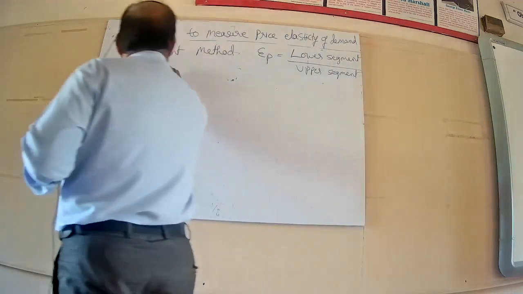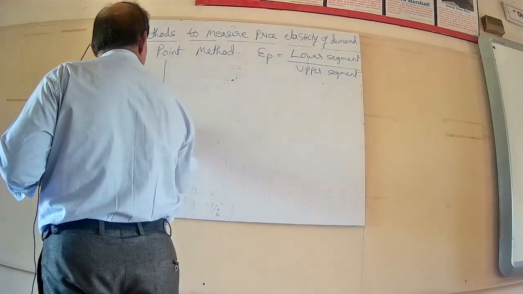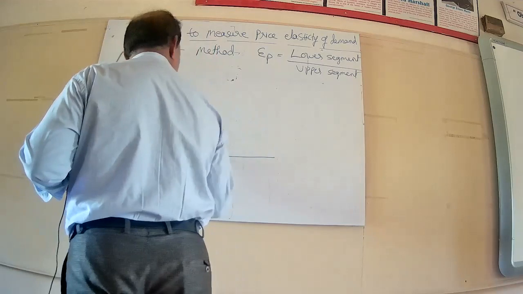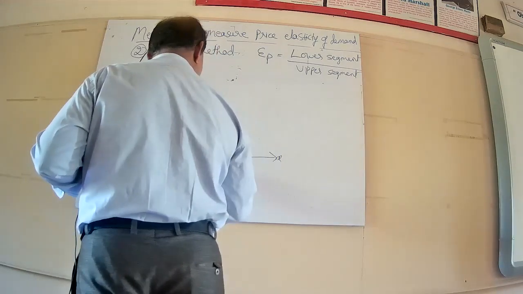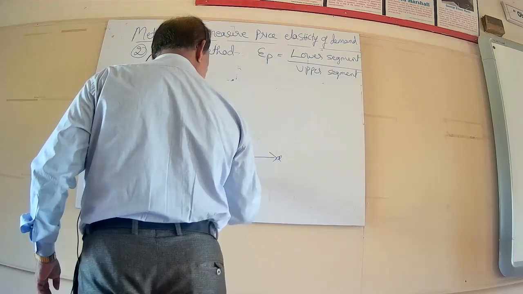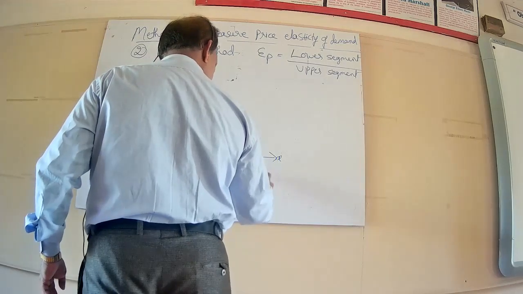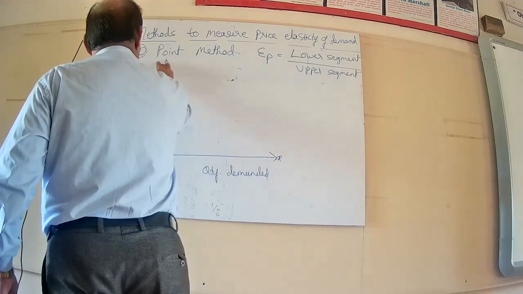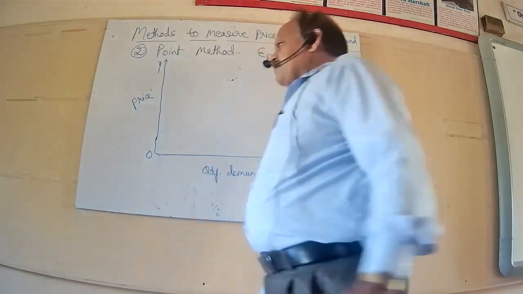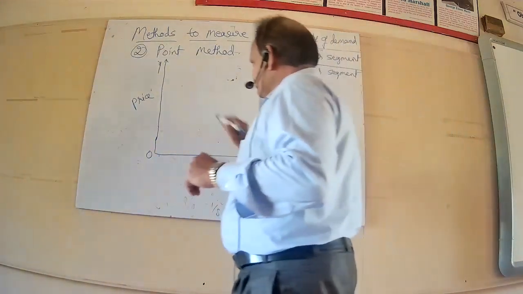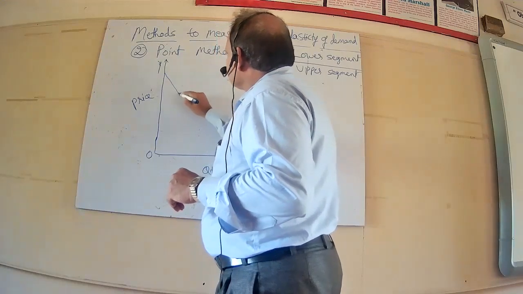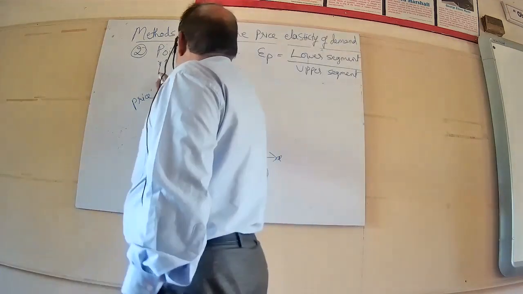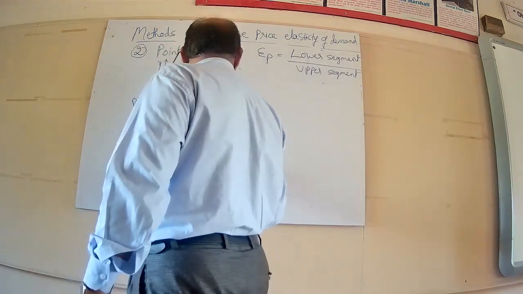Now, I will draw the diagram and we can identify all the 5 types of price elasticity of demand. OX, quantity demanded. And here price. Let us have a straight line demand curve touching both the axes. It should touch x-axis and y-axis. This is DD1, demand curve.